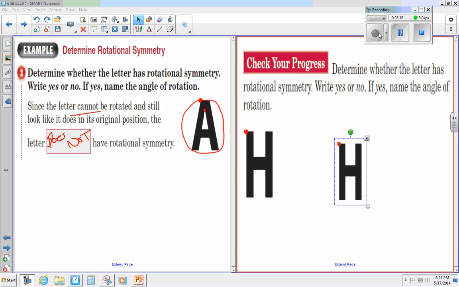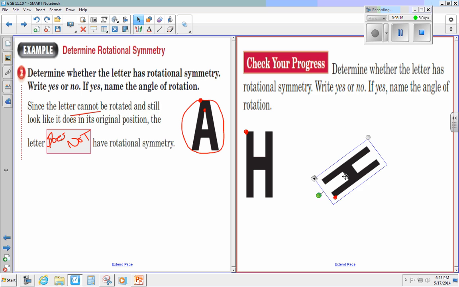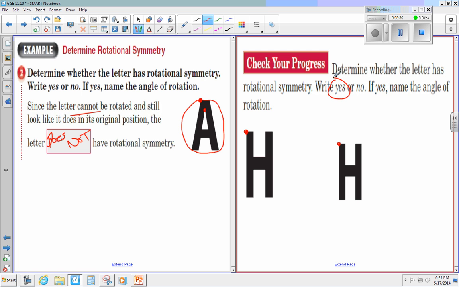All right, so here's this point right here. And if we rotate this point, you'll see that when it hits right there, it looks exactly like it did before. We rotate it up again, it looks exactly like it did before. So the answer to this is, does it? Yes, it has rotational symmetry.